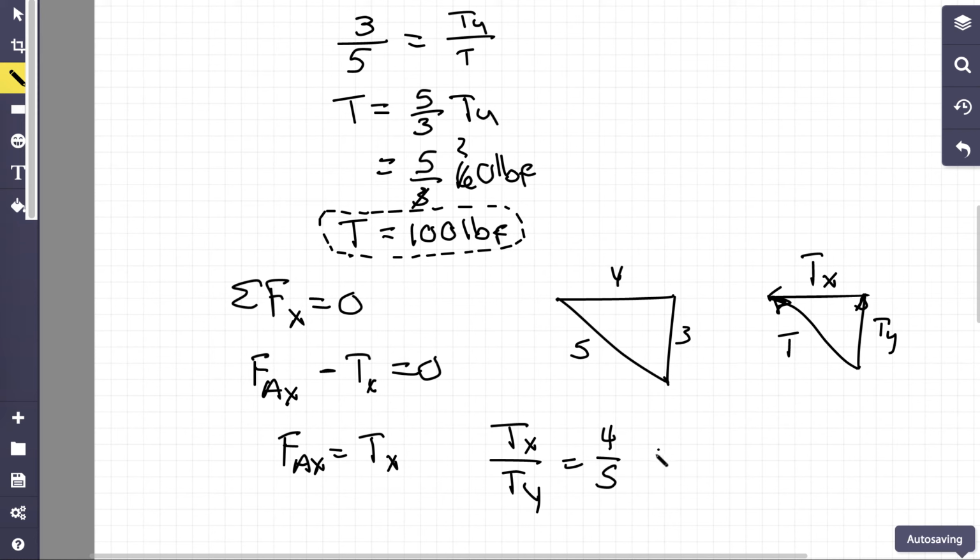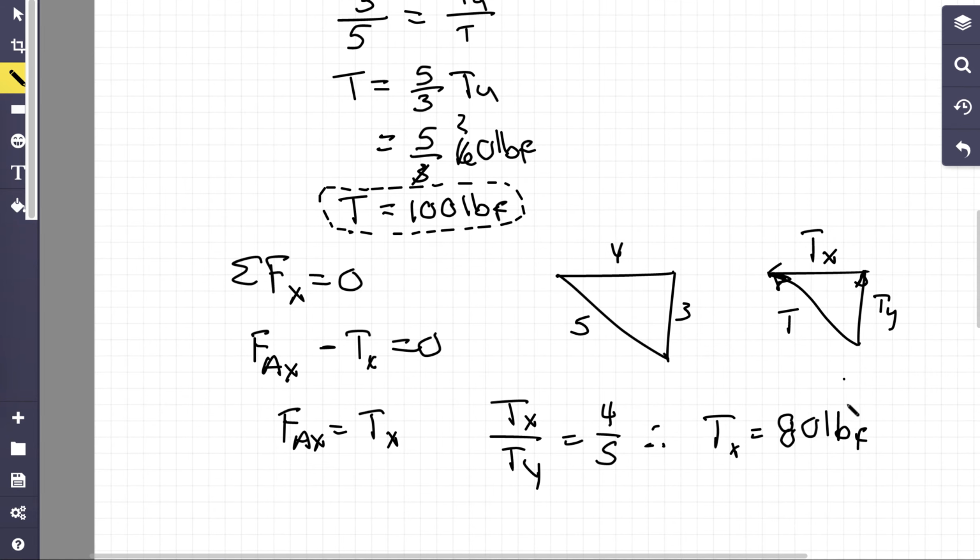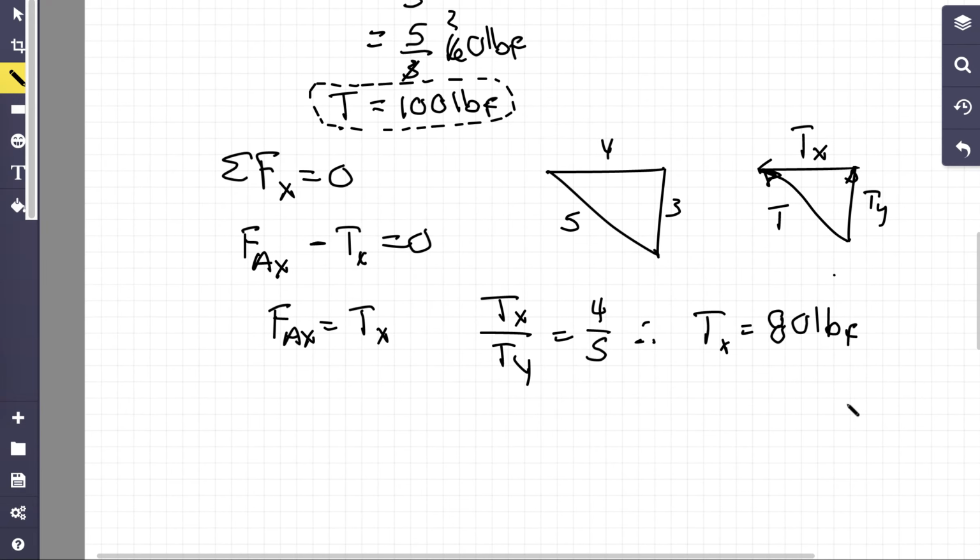Now, you can figure this out, and Tx is actually equal to 80 pounds of force. Again, this is one way to do that. You can always generalize and do this in vector form and find the unit vector, which is fine, and then move on from there. This is one way to do it. We use similar triangles.